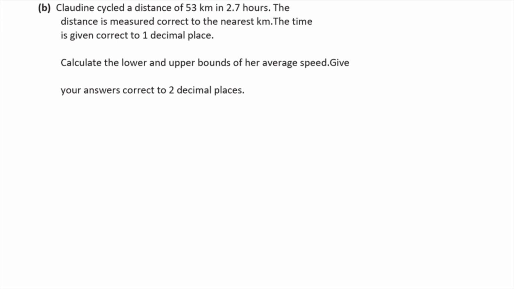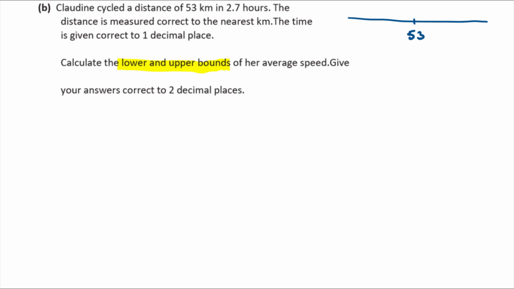Okay. Now my advice on these upper and lower bound questions is to draw a number line for each of your quantities. Mark on the value you've been given. So for the distance, that's 53 kilometers. Now that's been given to the nearest kilometer.